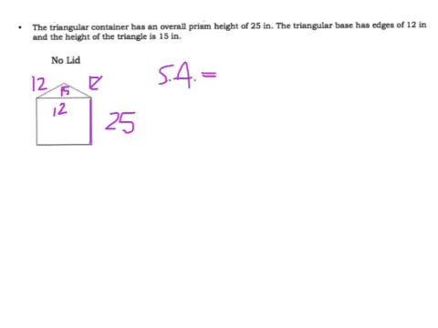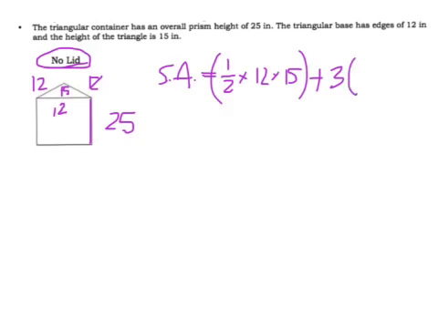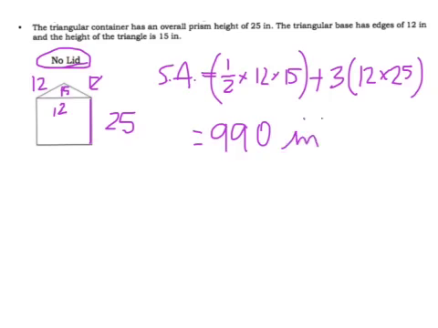So for the surface area of a triangular prism, we have, notice, no lid once more, just the bottom triangle, which is 1/2 times the base 12 times the height of 15. To that we have to add our three triangular sides, which are 12 by 25. When we solve, we end up with a surface area of 990 inches squared.